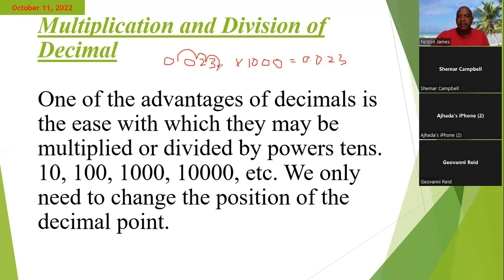So if the point is behind these numbers, what numbers are to the left of the point? Remember, I just said whole numbers. So what number would it be? You wouldn't put down 0, 2, 3. You would just put down what? 23. You see that? Right. So the answer would be 23.